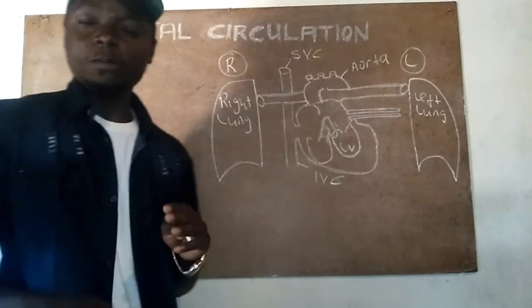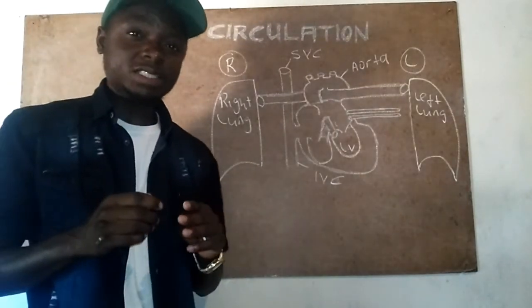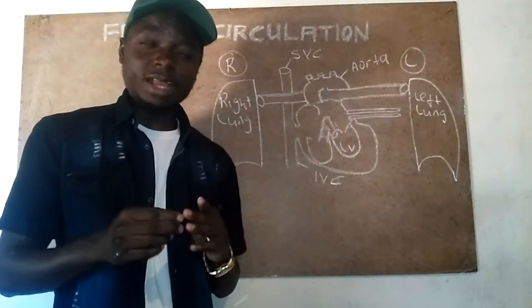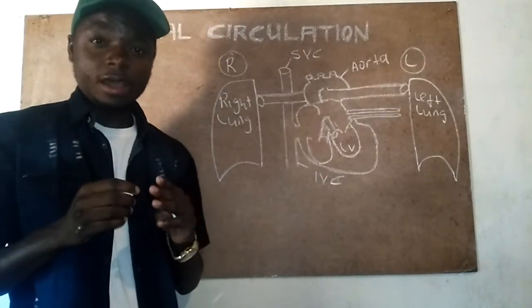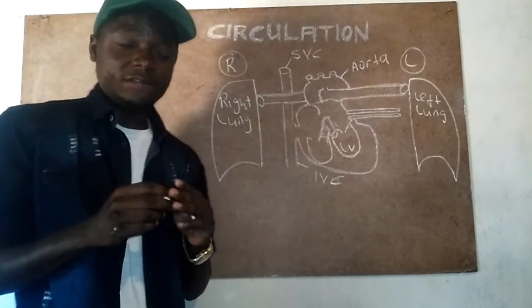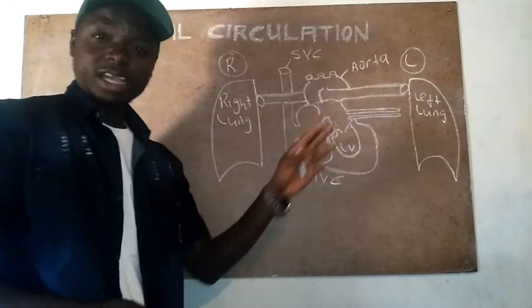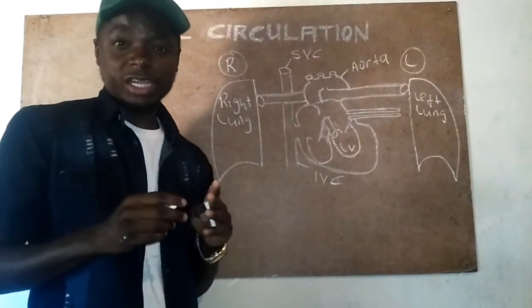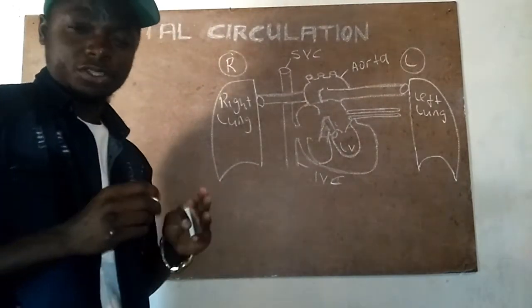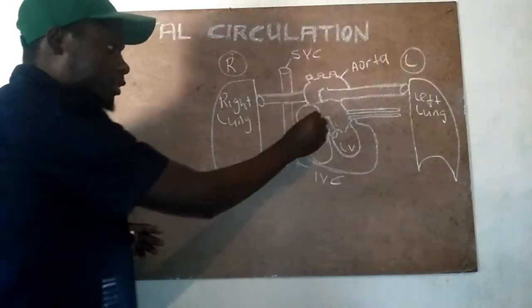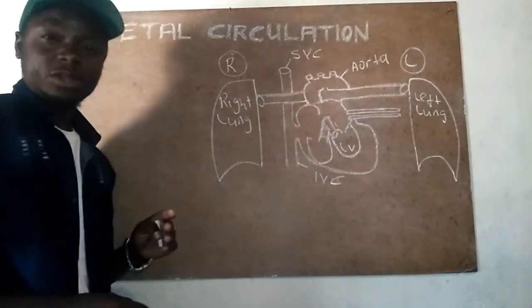This is the window, because foramen means window. So the foramen ovale is the window which is between the left atrium and the right atrium of the fetal heart. So this one will be the foramen ovale.